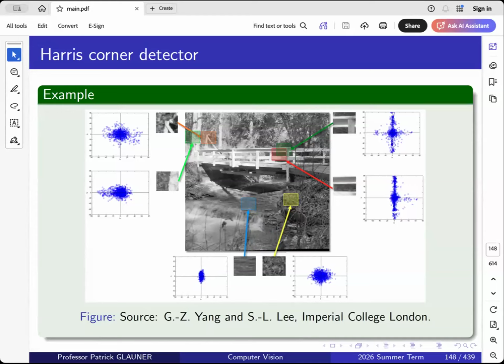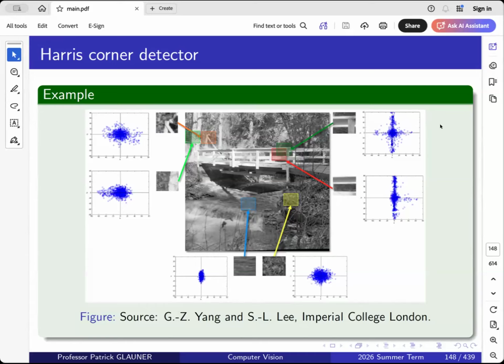But what you would see up here is if you put your window up here in green, you would get large eigenvalues for both. So both lambda 1 and lambda 2 would be large. Whereas here, only one of these eigenvalues would be large for the red window. And a feature of corners is that both eigenvalues, lambda 1 and lambda 2, are large.